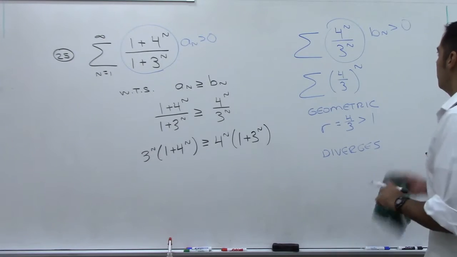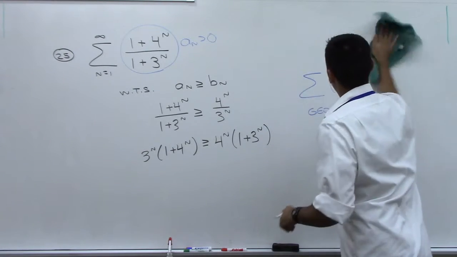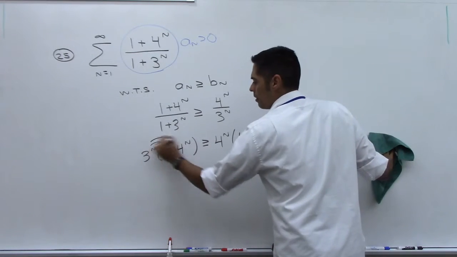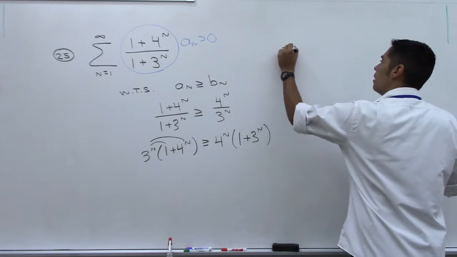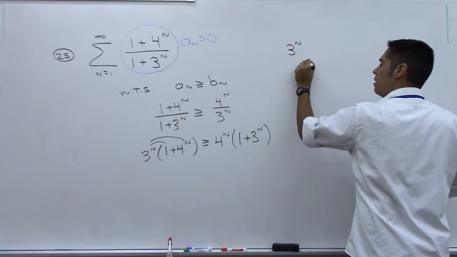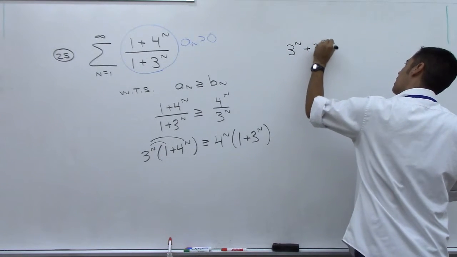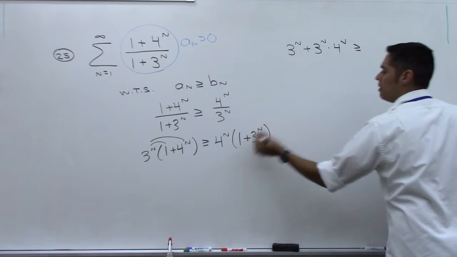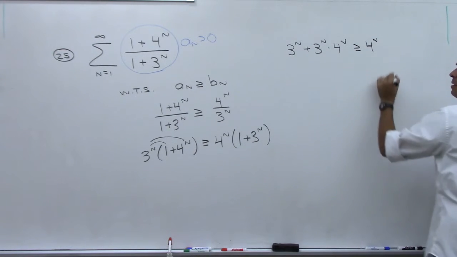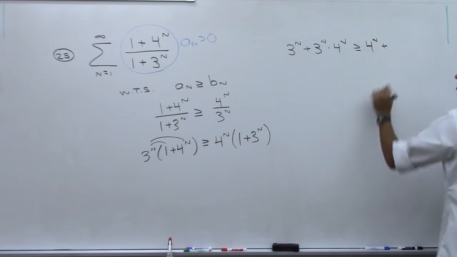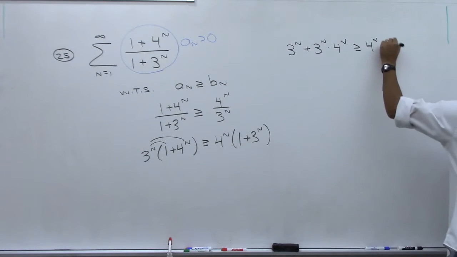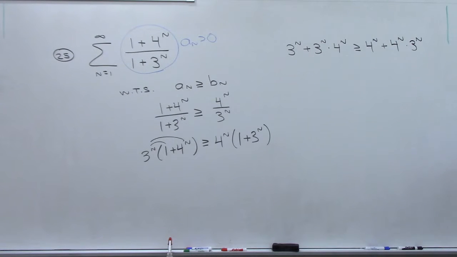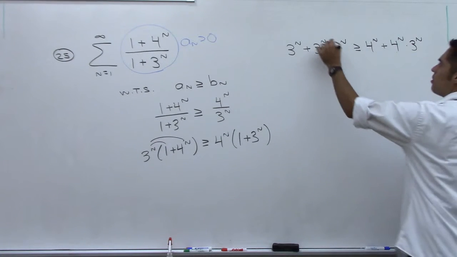We haven't seen anything like that before. That's all right, we'll just distribute. So here to here, here to here. So you get 3 to the n plus 3 to the n times 4 to the n is greater than this side, 4 to the n plus, again, distribute through, 4 to the n times 3 to the n. And these are exactly the same.